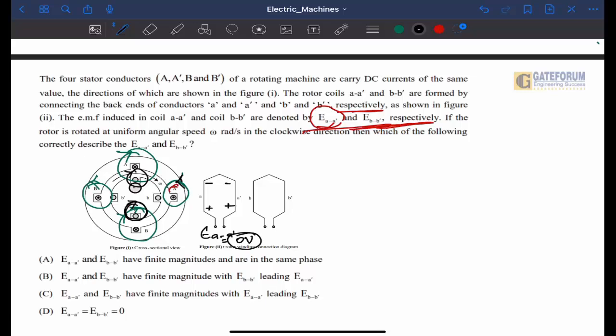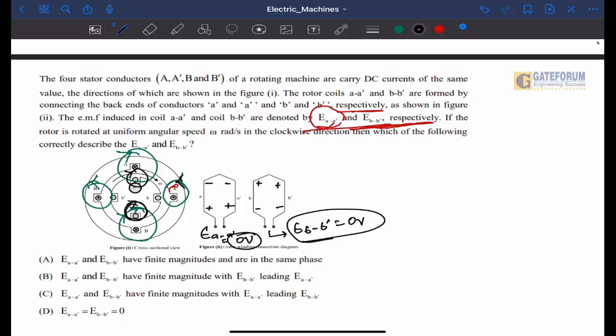Hence the stator magnetic field will induce EMF that is the same in magnitude and has the same polarity. Let's say the B conductor has this polarity, so B dash will also have the same. So EBB dash will be 0. The net EMF induced across the B B dash rotor coil will be 0.